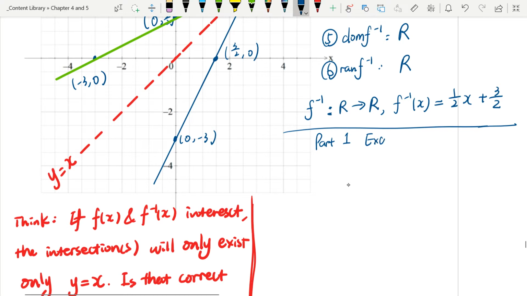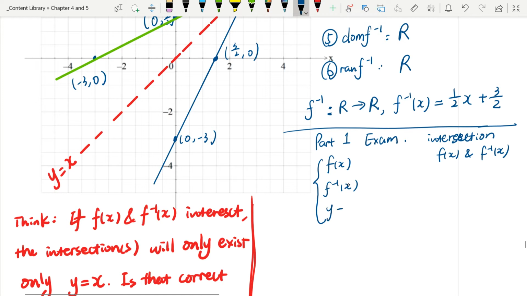This is just some tips for next year. So for part 1 exams, when I ask you to solve the intersection for f(x) and f inverse x, actually it's not 2 lines intersecting, it's 3 lines intersecting. It's the line f(x), f inverse x, and also y equals x that intersect.